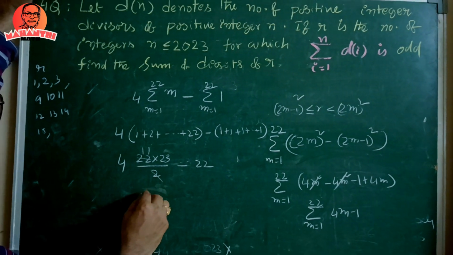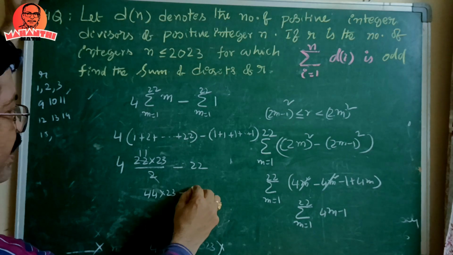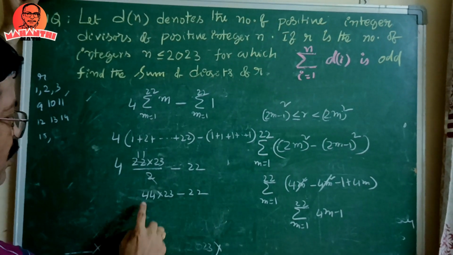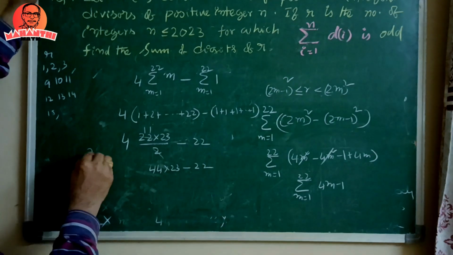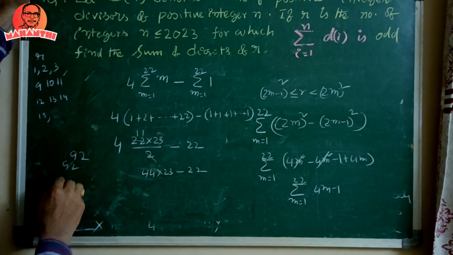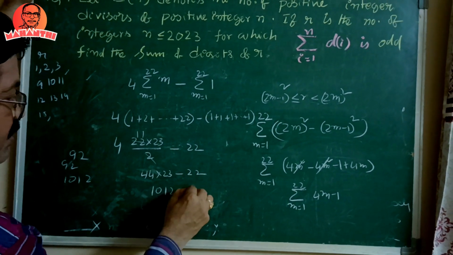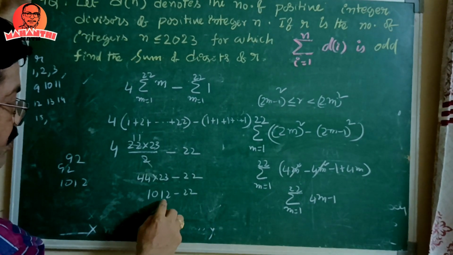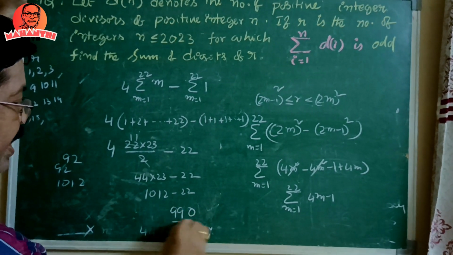So it is 44 into 23 minus 22. How much is it? 44 into 23 is 1012. So 1012 minus 22. When you subtract this one, 990 will come.